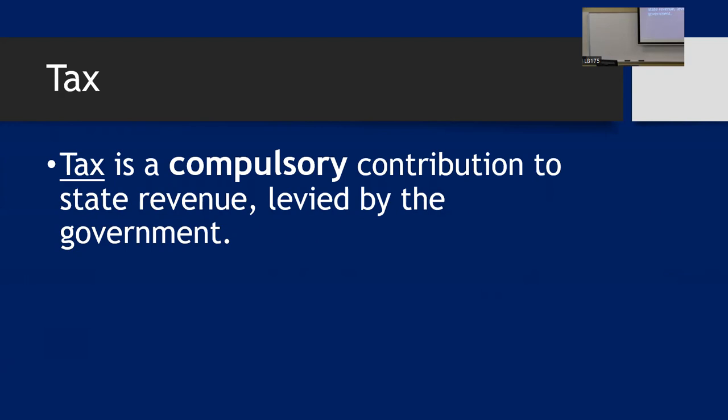Just the word state here doesn't necessarily mean one of the 50 states. It could mean government, it could mean a local municipality, could be anything, right? So state just means a section of governed territory. Does that make sense? So compulsory contribution to state revenue levied by the government, right?